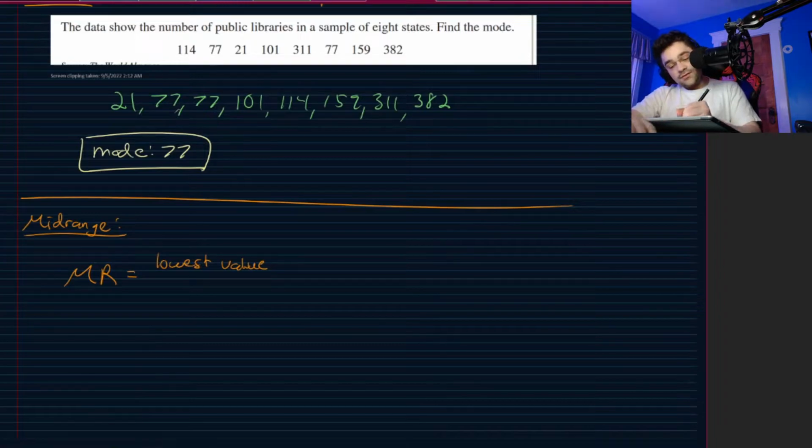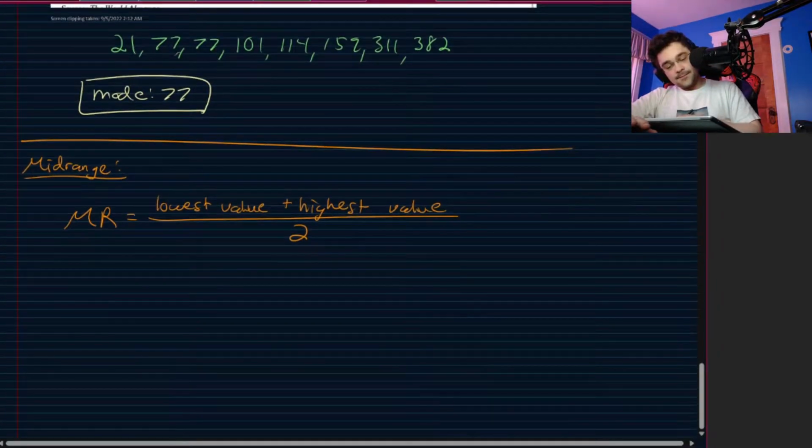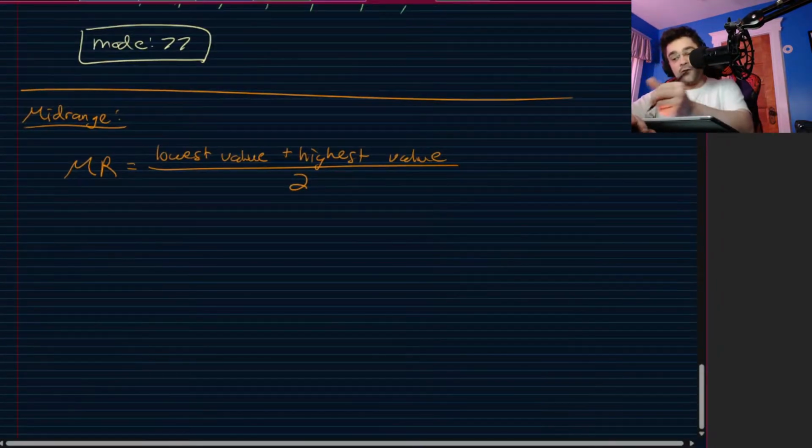Mid-range is the lowest value plus the highest value over 2. So it's the average of the lowest and the highest values. And it's a rough estimate of the middle.